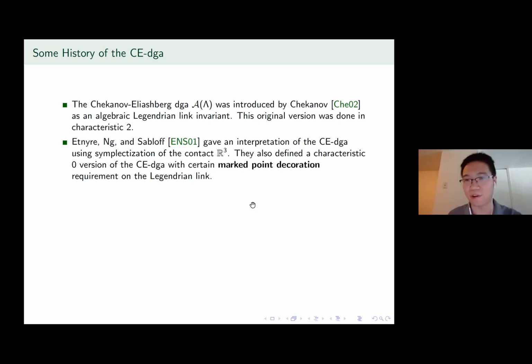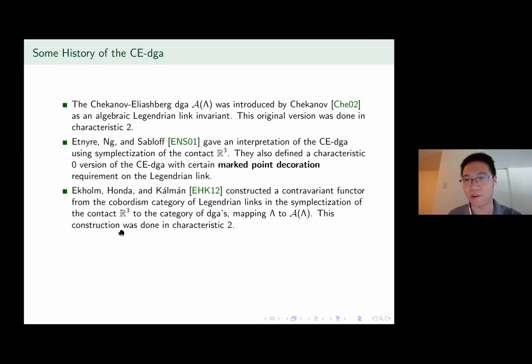Okay? And then later, Ekholm, Honda, and Kálmán constructed a functor from the cobordism category of Legendrian links to the category of DGAs, mapping the link to the Chekanov-Eliashberg DGA.